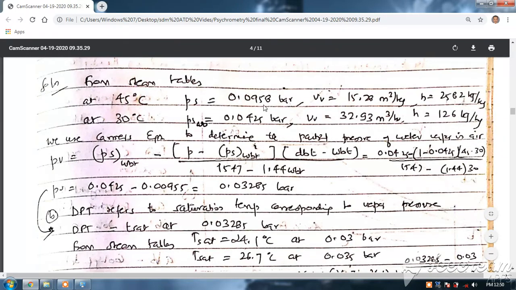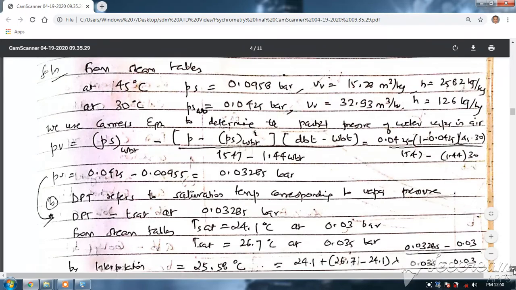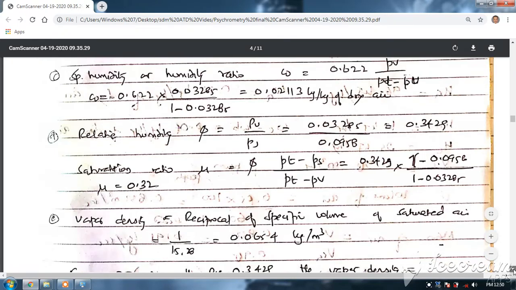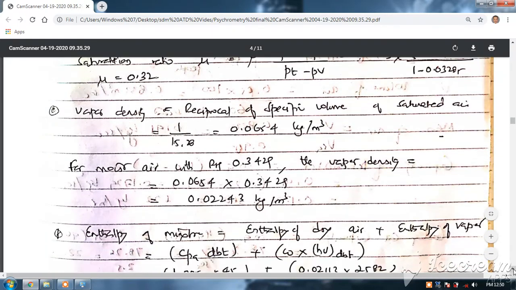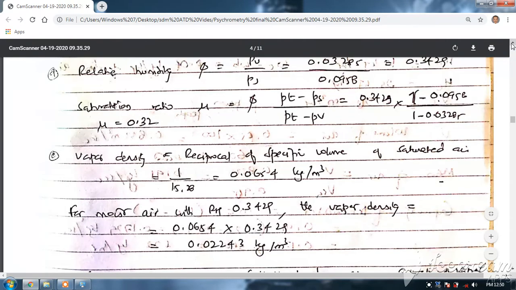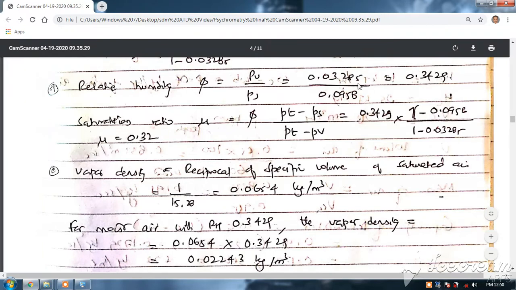Dry bulb temperature PS is 0.0958, and the same PS we have taken. Okay. So we got the result as 0.3429. So relative humidity is 34.29%.